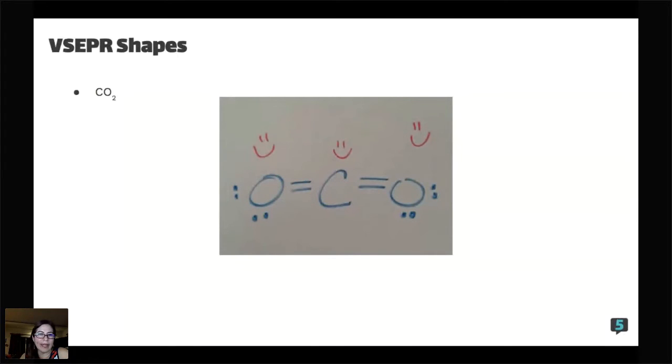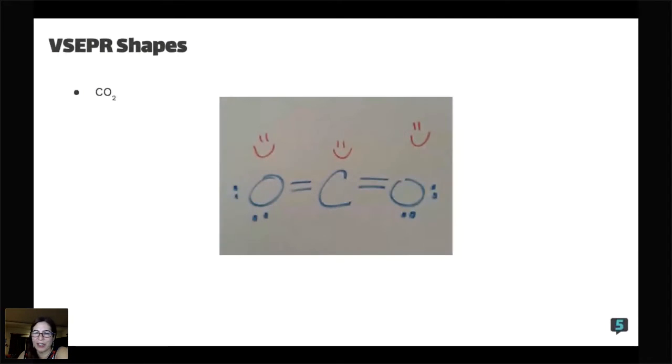So now, if we think of this in 3D, what will happen if carbon has only 2 atoms pulling from it? What shape do you think it will form in space? Okay, triangle, linear.